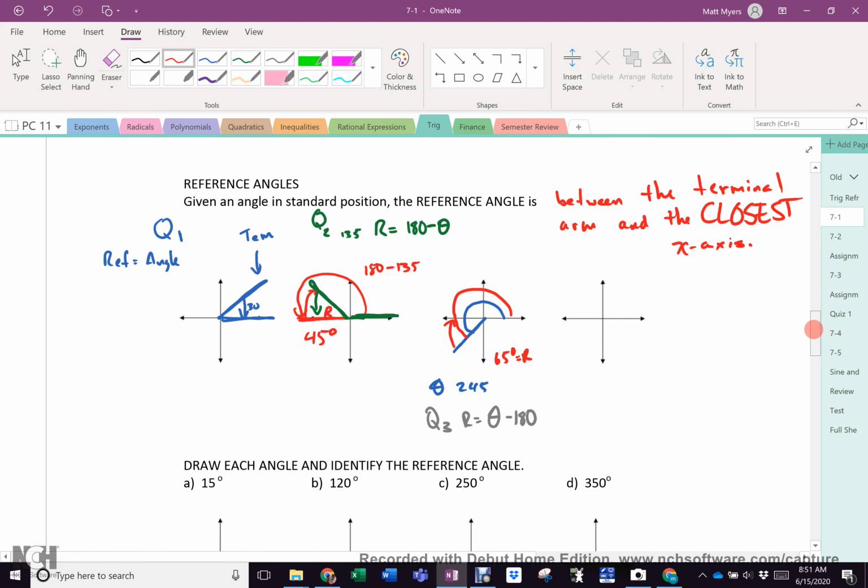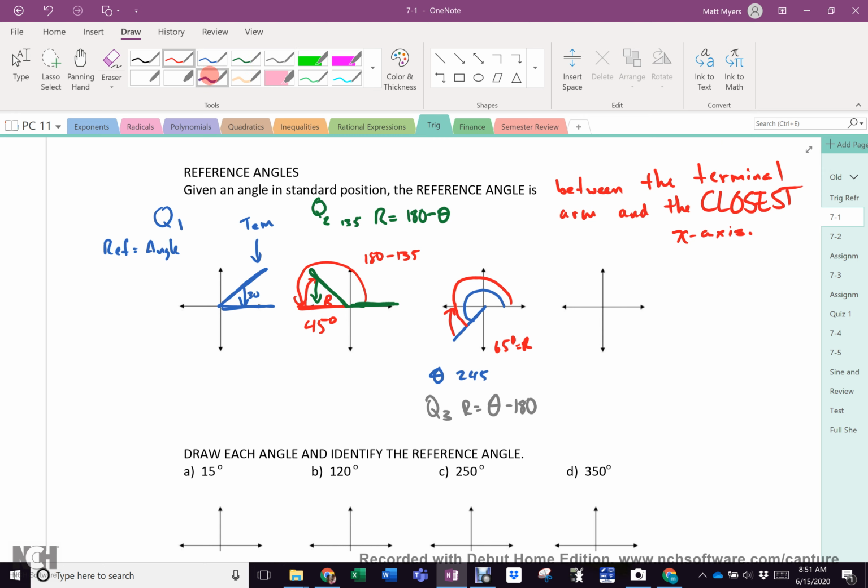And the last one was 285. Do that one in light green. Theta equaled 285, which means I go all the way around to here. So here is my reference angle because this is the closest x. If I went all the way around there, that's 360.